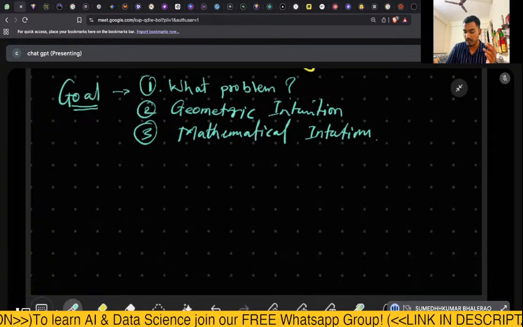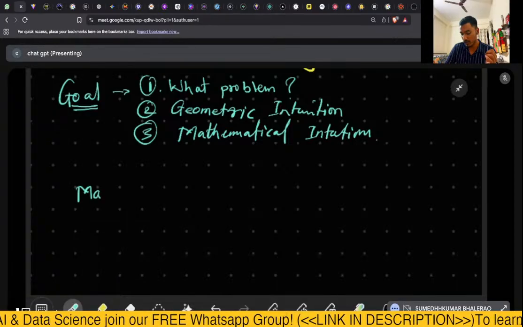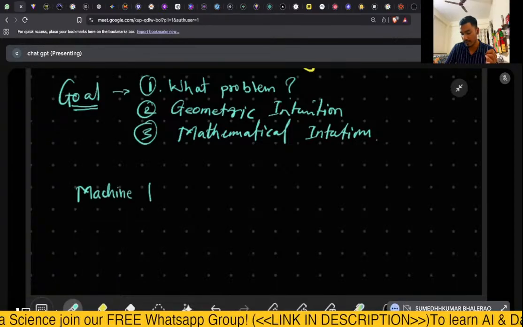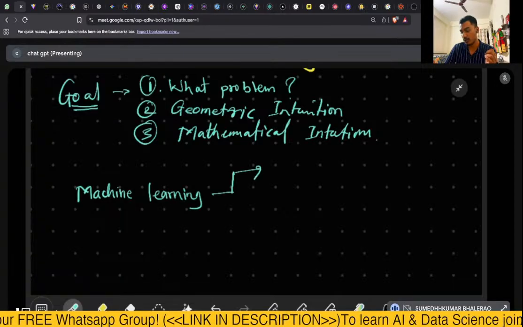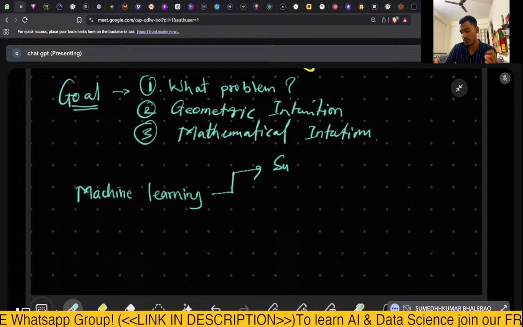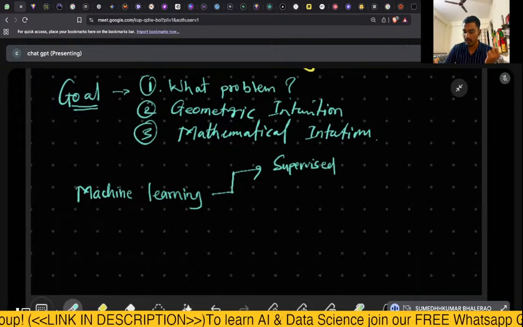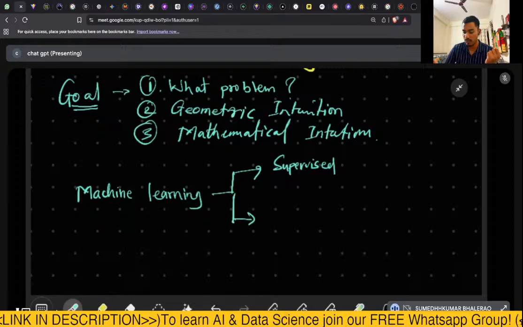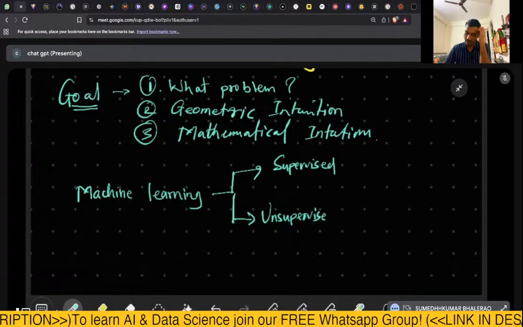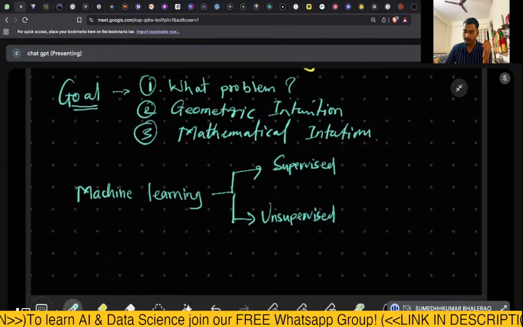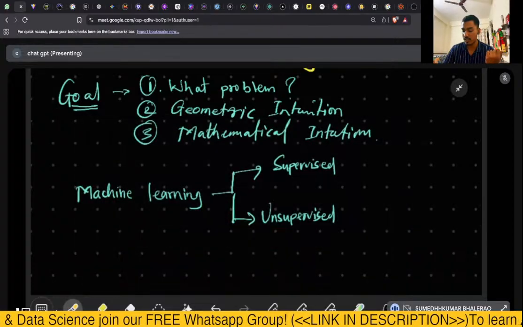Yesterday, we learned that in machine learning we have supervised and the second was unsupervised machine learning algorithm.